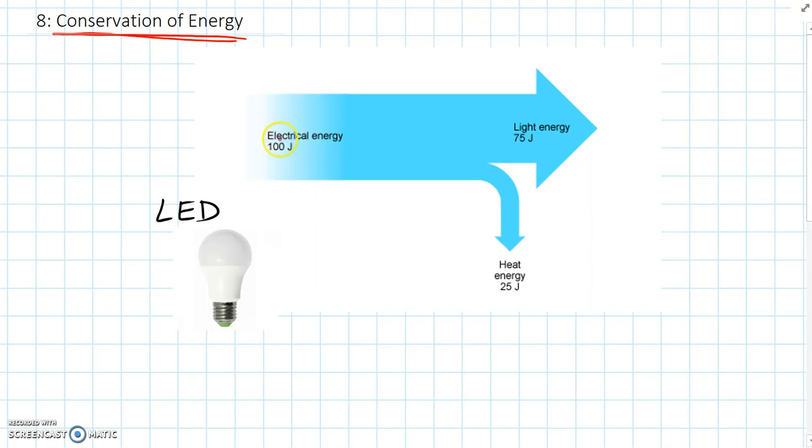And we can use our flow diagram to see that out of 100 joules of electrical energy that goes in to the light bulb, 75 joules is converted to light energy and only 25 joules is wasted as heat. So an LED light bulb we know is 75% efficient.